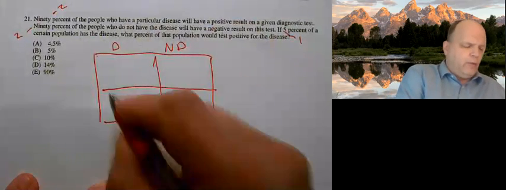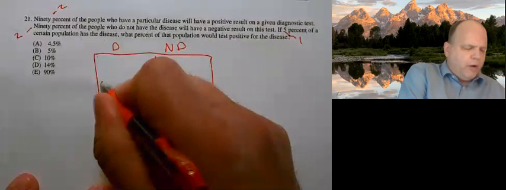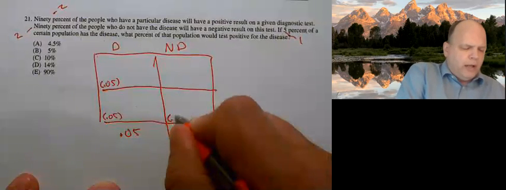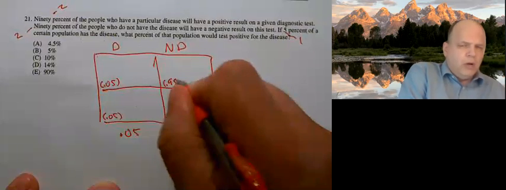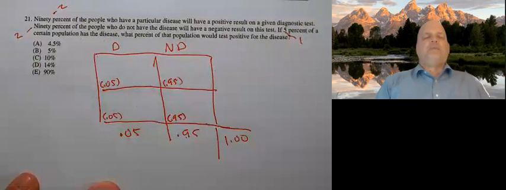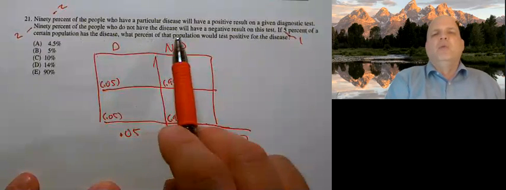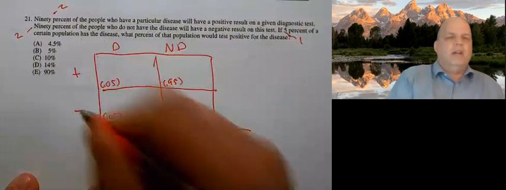So once I have those values, I can write them small. I'm going to write 0.05 here and 0.05 there. I'm just going to bring them up like this. This is going to be 0.95. And this will also be 0.95. So 90% of the population who have a disease will test positive. So my test results are going to be positive and negative.